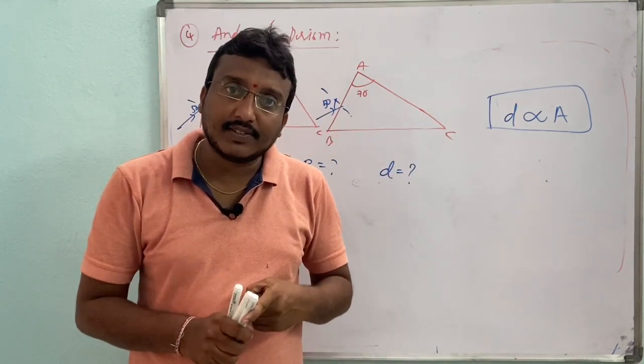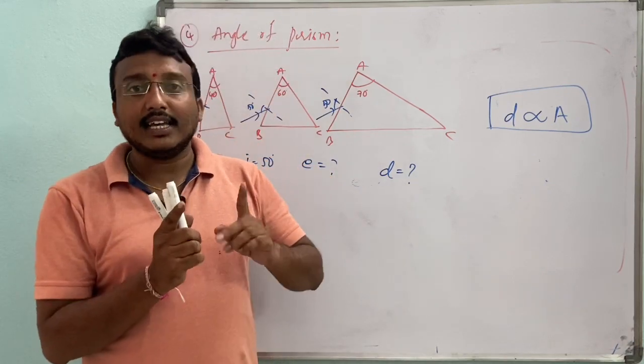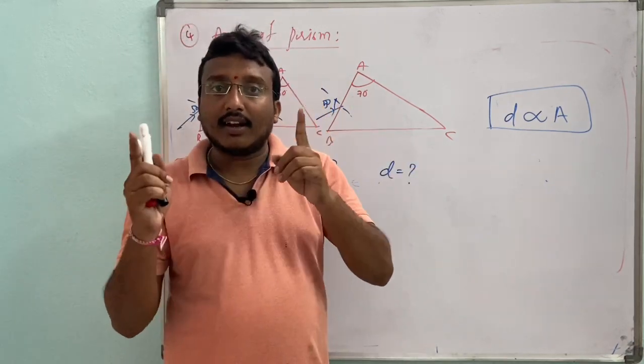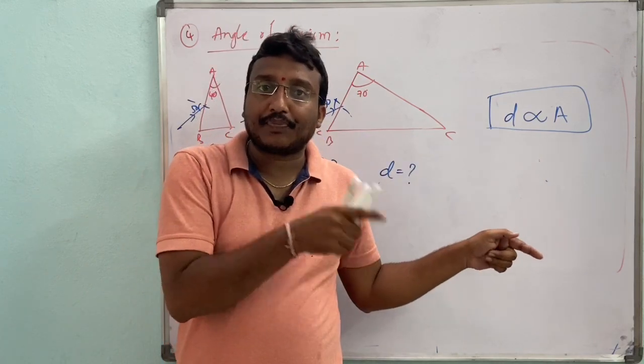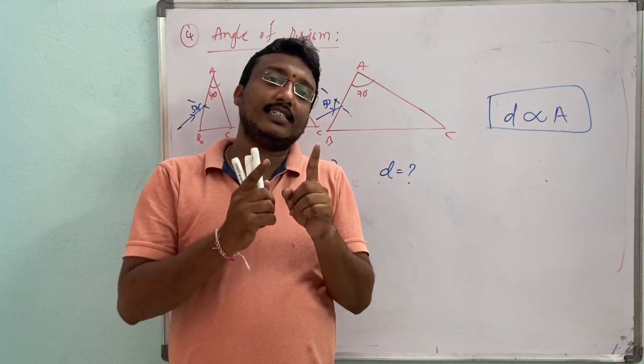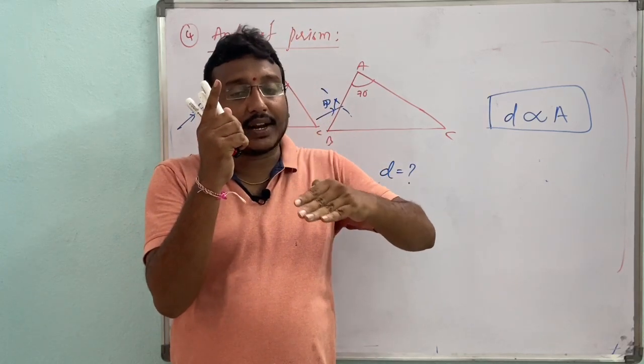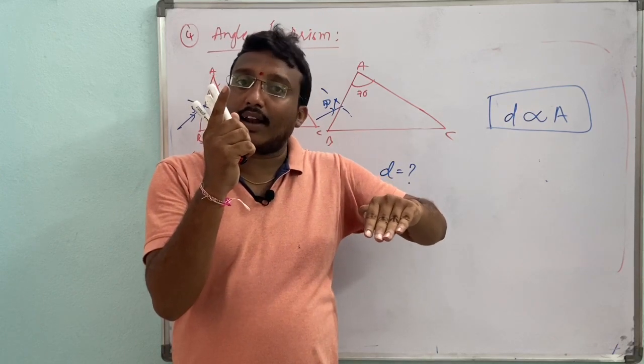The first factor we discussed is the angle of incidence. If the angle of incidence is varied, what observation did we get? If the angle of incidence increases, the angle of deviation decreases until it reaches the minimum angle of deviation.